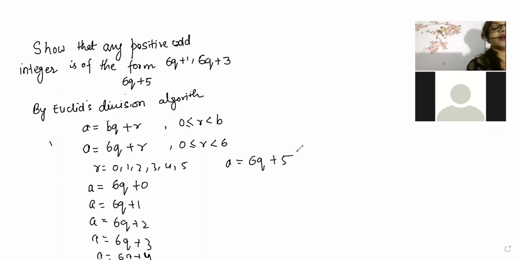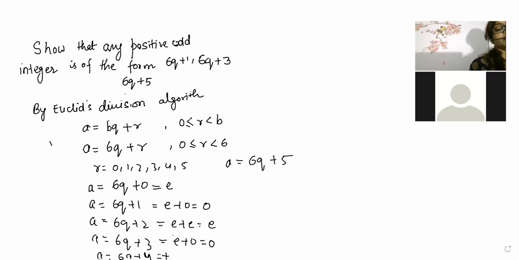Now this is an even number. This is even plus odd, so it is coming odd. This is even plus even, so it is coming even. This is even plus odd, so it is coming odd. This is even plus even, and this is odd.